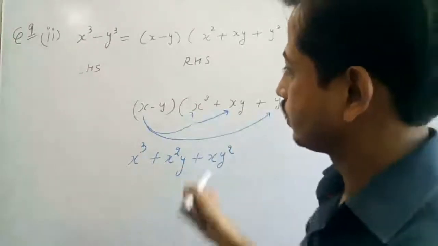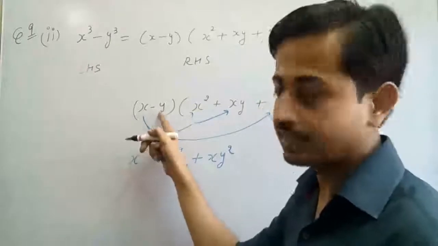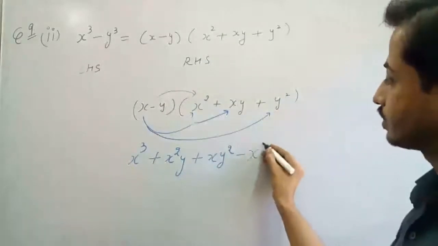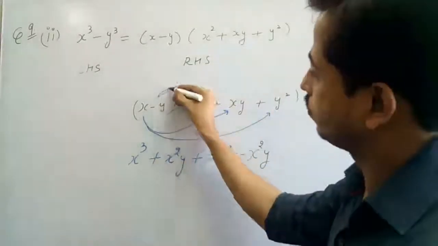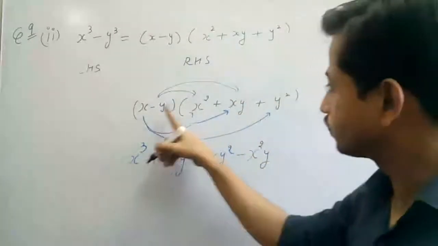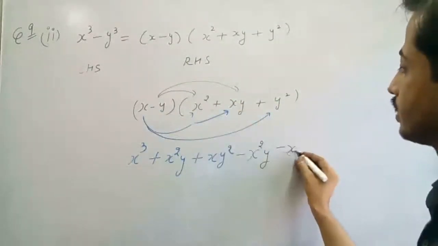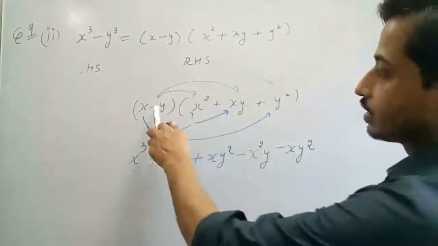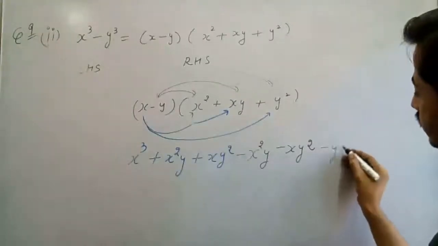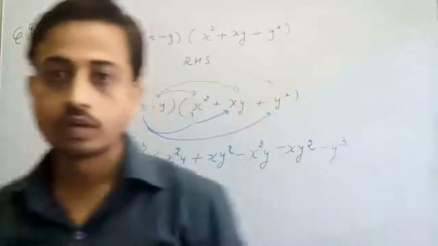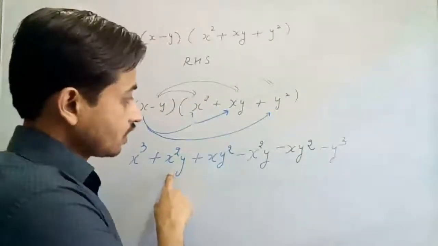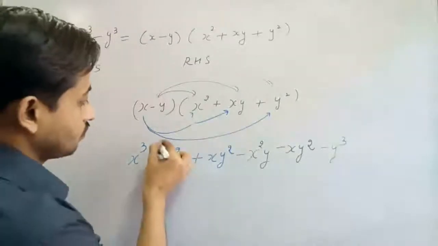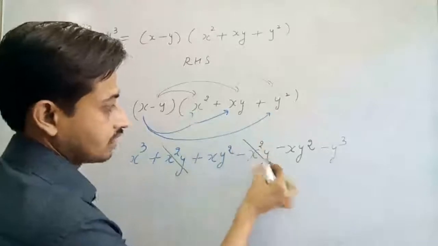Now do the same, very carefully because the sign is negative. So minus y into x square, we get minus x square y. Now minus y multiplied with xy, we get minus xy square. Now the same, minus y into y square, we get minus y cube. Now x square y is positive and this is negative x square y, so these terms are cancelled out.